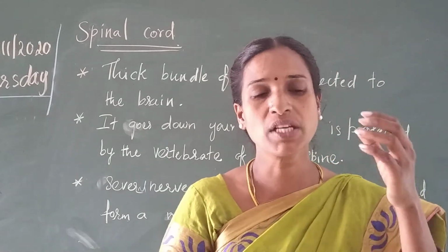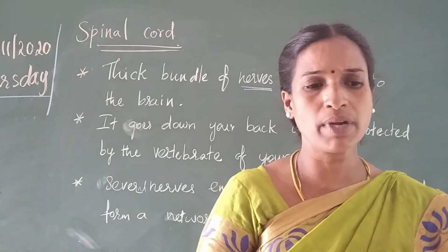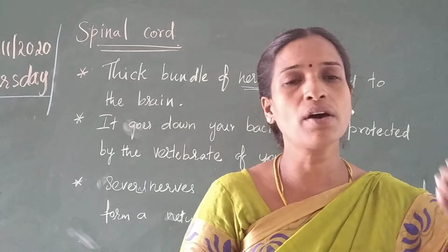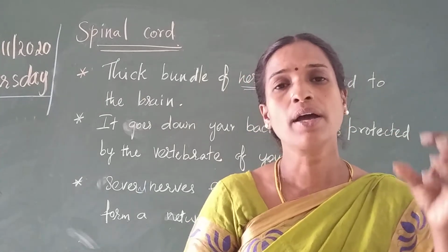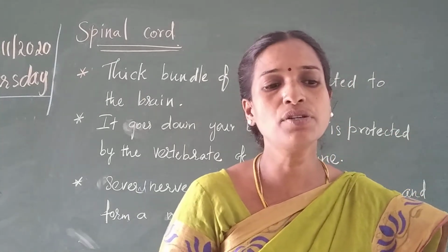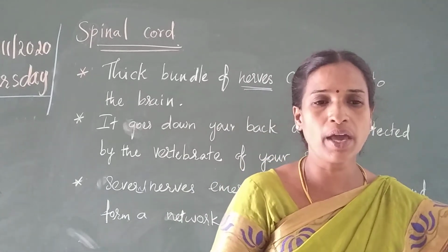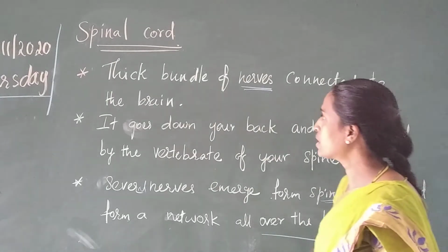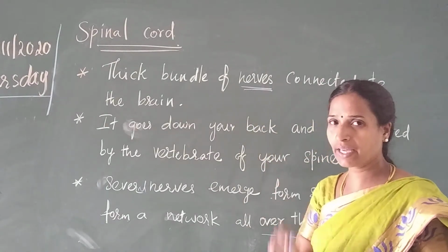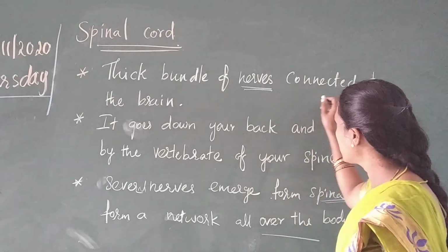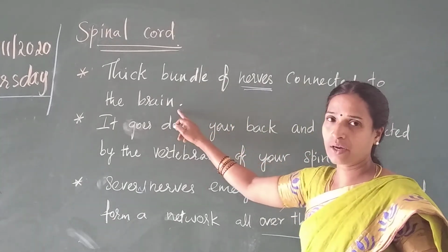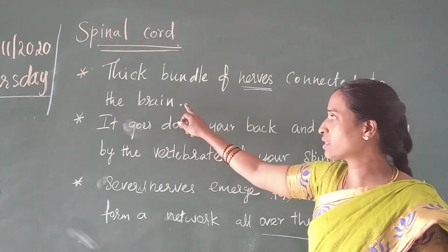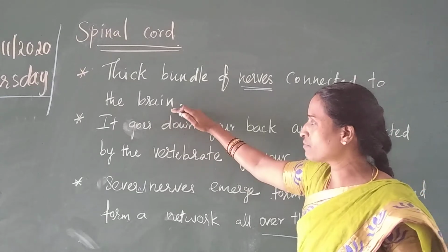So the spinal cord continues from where? From the medulla. It continues downward, giving way to nerves. I have written here: the spinal cord is a thick bundle of nerves. It is a delicate organ, a thick bundle of nerves connected to the brain, to the medulla, one of the parts of the brain.